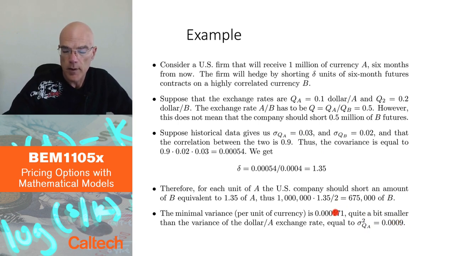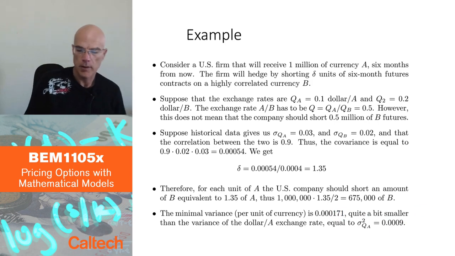So the reduction is quite significant. Okay? You reduce your risk from 9 in the fourth decimal point to less than 2 in the fourth decimal point. It's quite a bit of a reduction of risk.